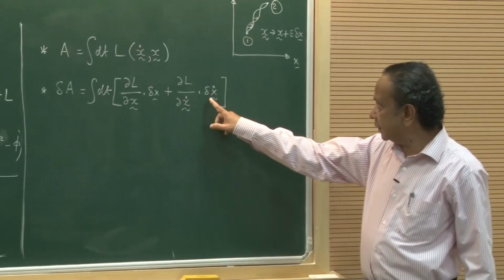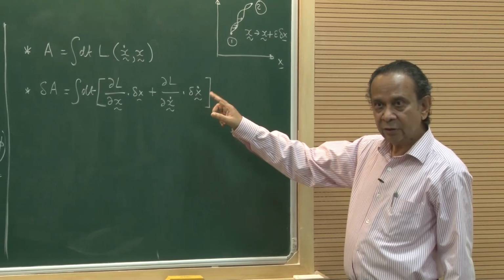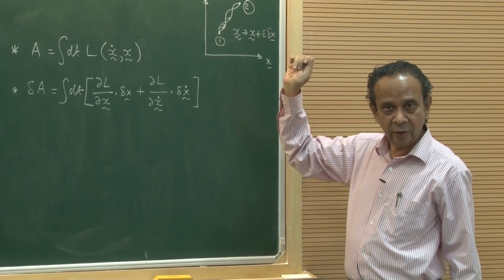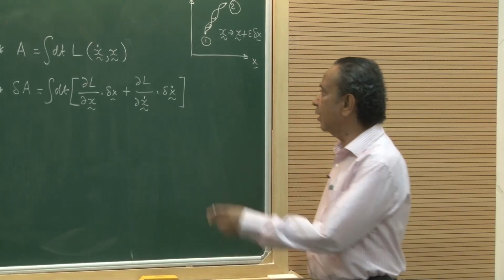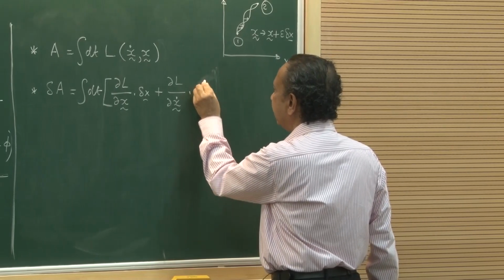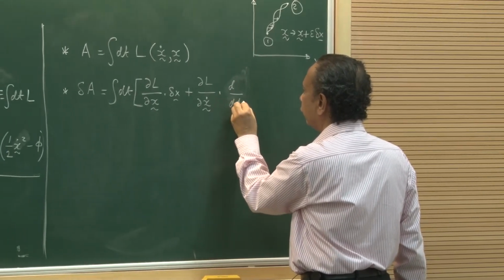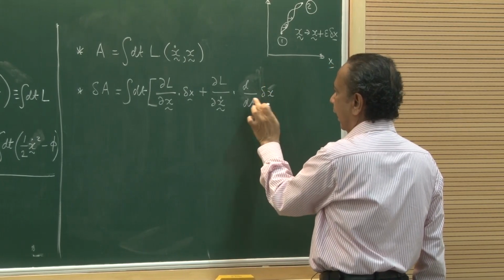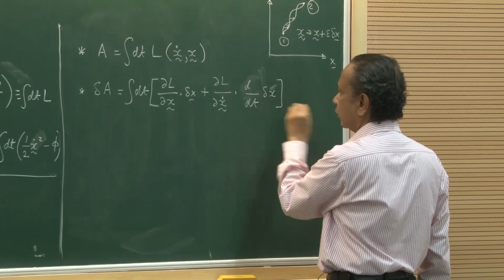Okay. What is delta x dot? Delta of x dot will be, x dot will change by this thing and there is a delta operating on it, these two commute. So, therefore, I can write delta of x dot as d by dt of delta x, that is delta and the d by dt commutes.